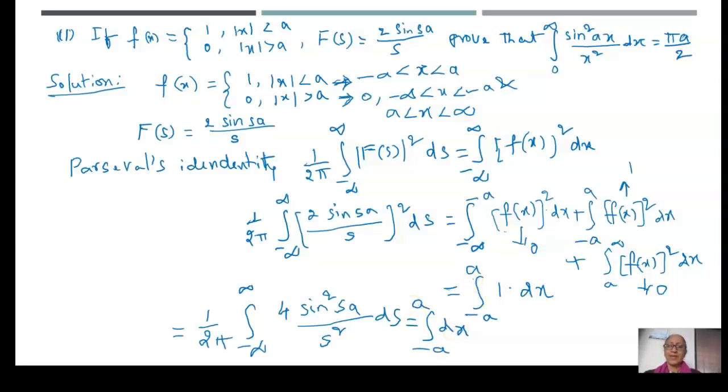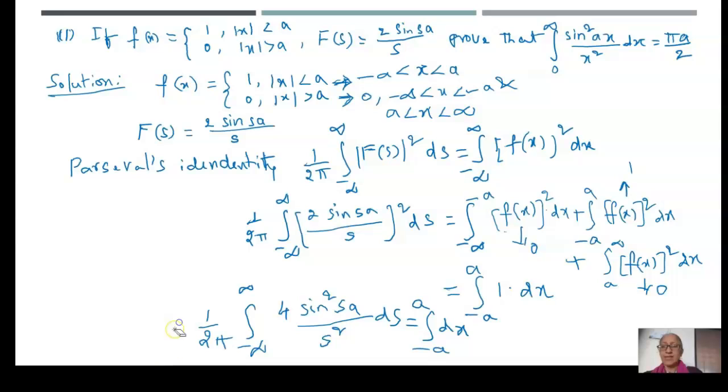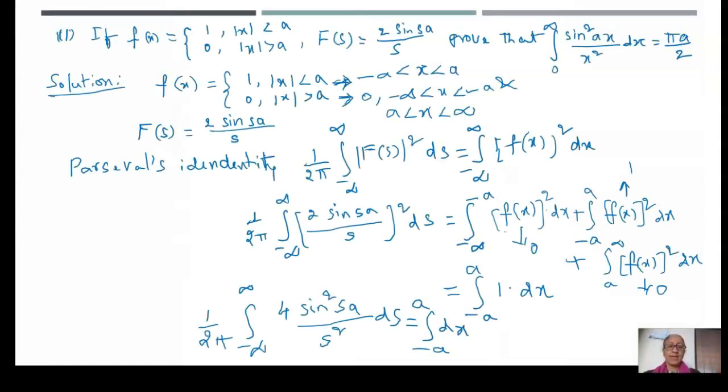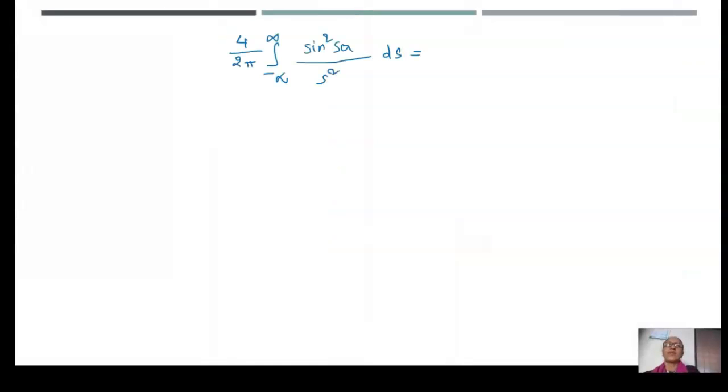Okay, so let us evaluate this. Now 1 by 2 pi, if you take 4 outside, 4 by 2 pi integral from minus infinity to infinity of sin squared sa upon s squared ds equals, on the right hand side, integral from minus a to a dx. The integral of dx is x under the limits minus a to a.